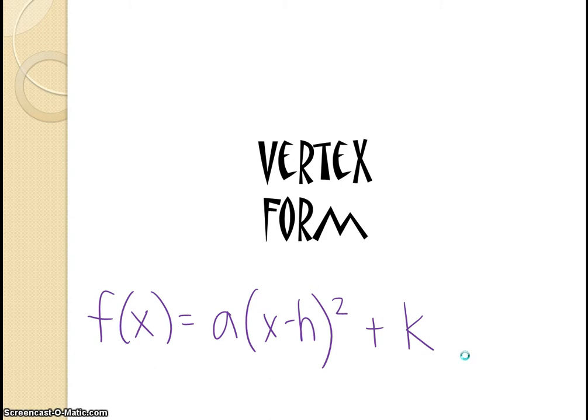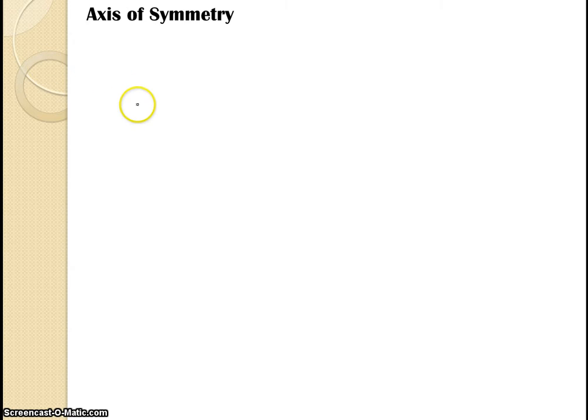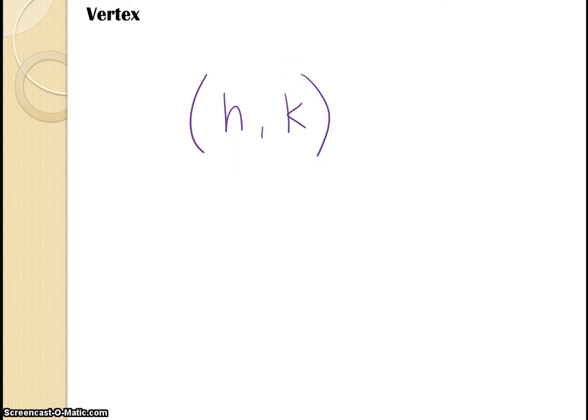When we have an equation in vertex form, we can find our axis of symmetry because x equals h. Our vertex in vertex form is h, k. That's why we call it vertex form, because it gives us our vertex.